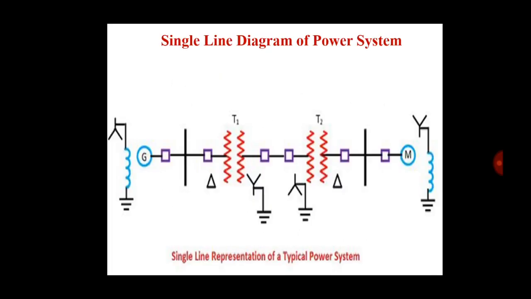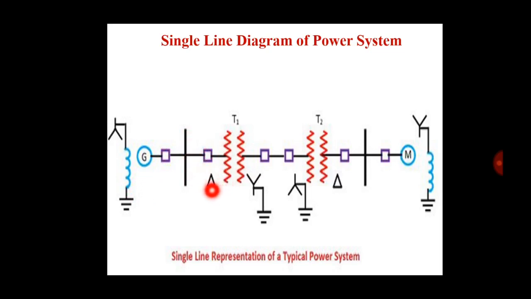Here we see the single line diagram of a power system. We see the generator. The generator has its winding connected in star, and a reactance is connected with earthing. Here is a circuit breaker, this is a bus, circuit breaker, and here is transformer 1.